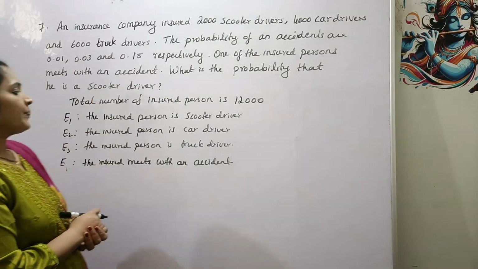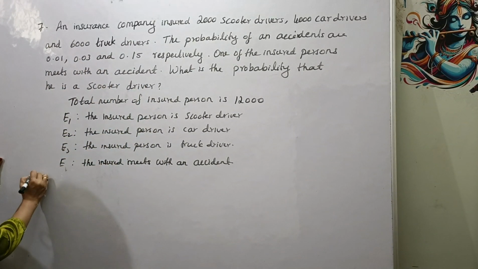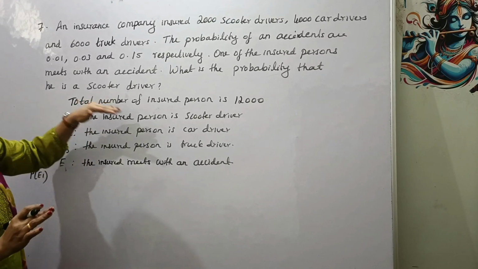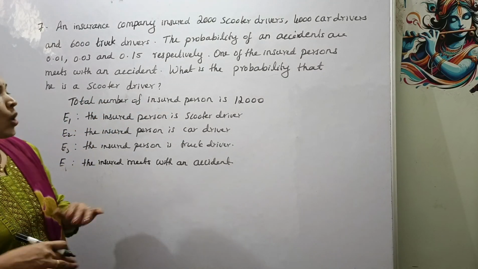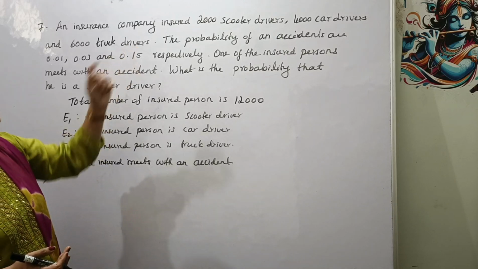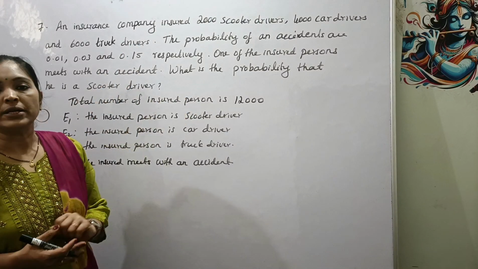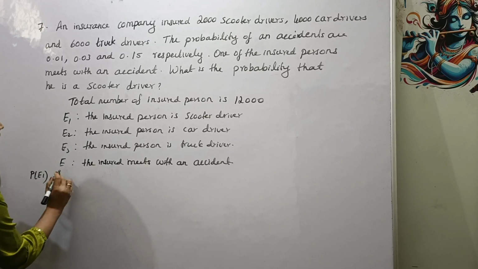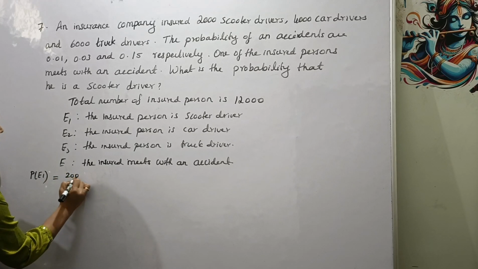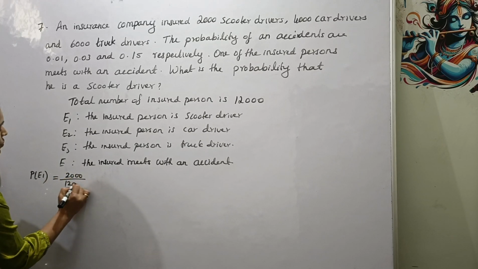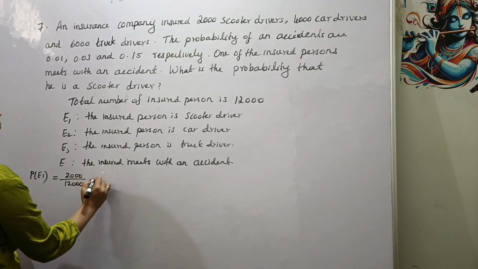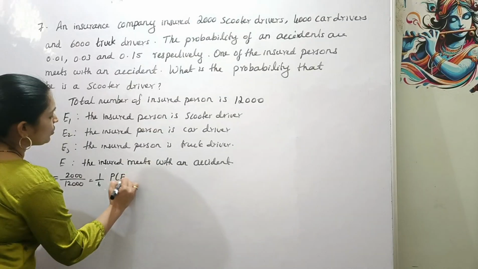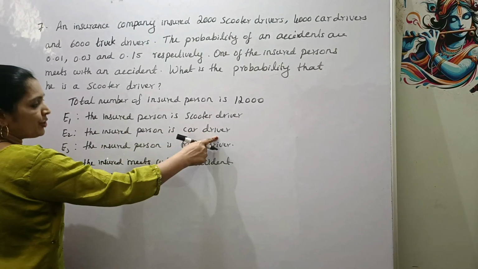Okay? So here, first of all, probability of E1. E1 is the event, the insured person is a scooter driver. So how many scooter drivers are there? 2000 out of 12,000 drivers. Right? So probability of E1 is 2000 divided by 12,000, that is equal to 1 by 6. Probability of E2, the insured person is a car driver.